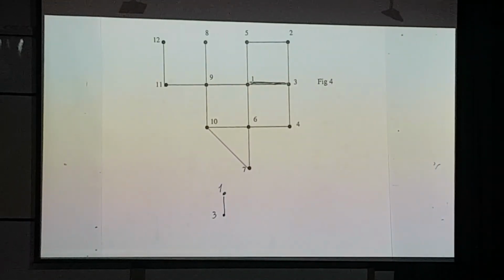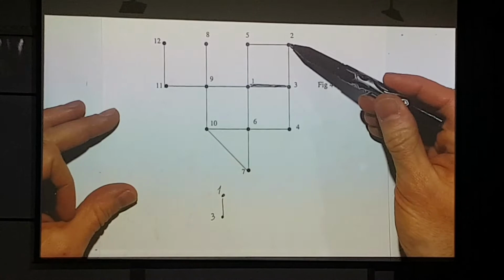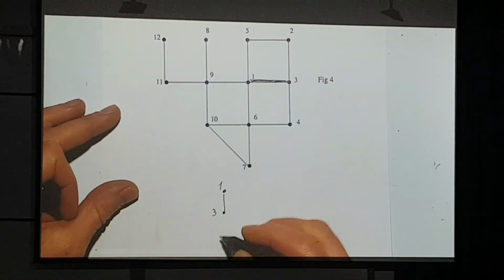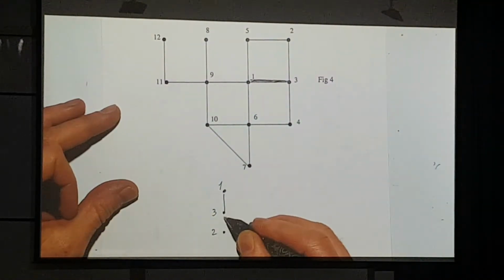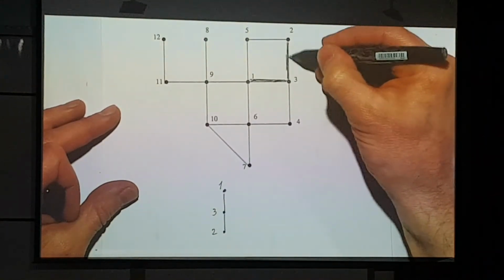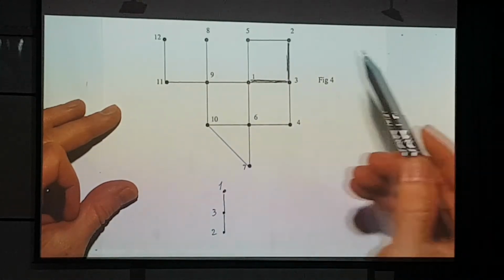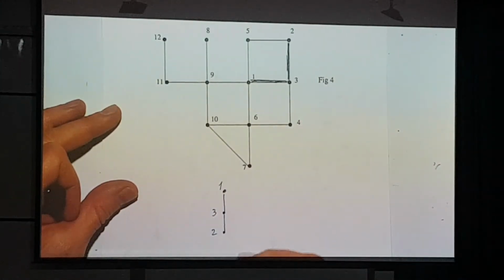Always remember that whenever we add new vertices, we check that no circuits are created. So I go to 2 because it has a smaller label than 4, and mark that on the graph. From 2, I can only go to 5. There is no other choice available.